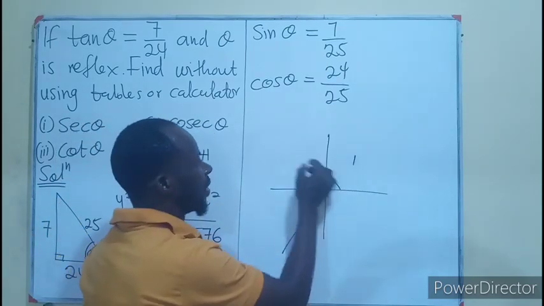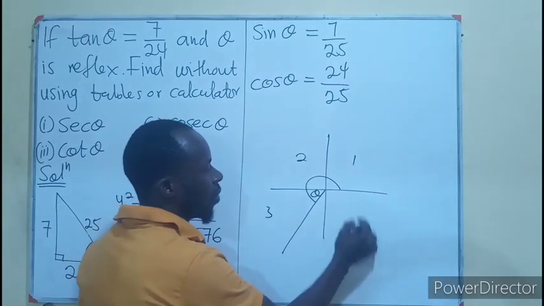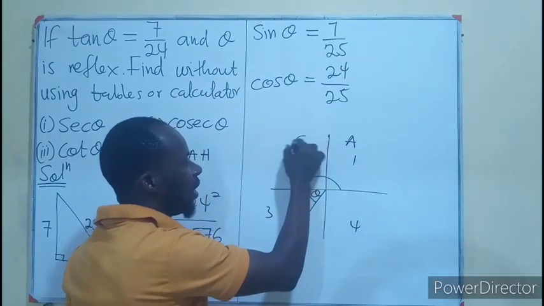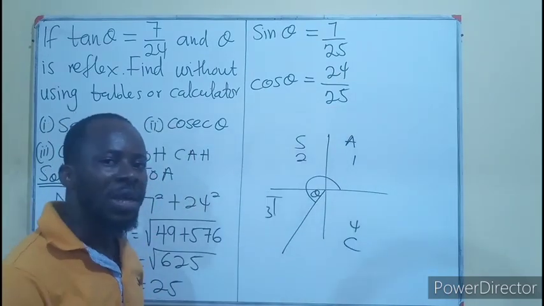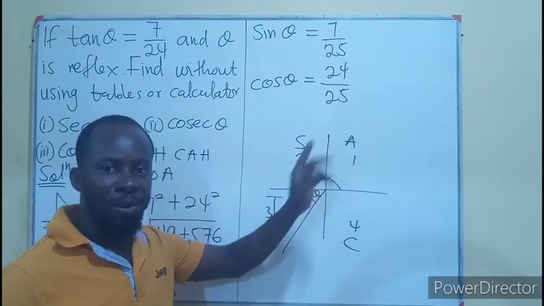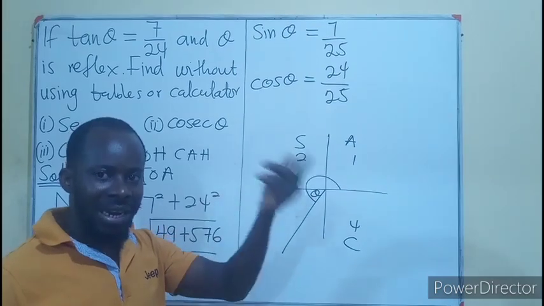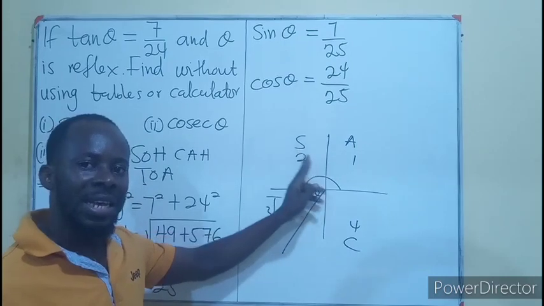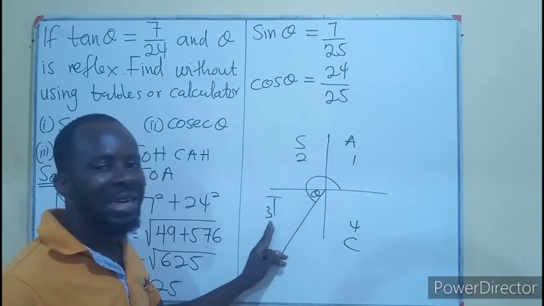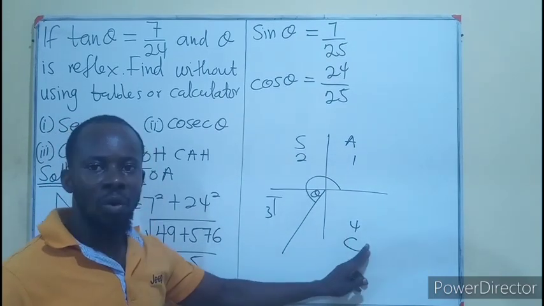First quadrant, second quadrant, third quadrant, fourth quadrant, all silly tan cast, or CAST, all this way. It simply means that all the trigonometric ratios are positive in the first quadrant, only sine is positive in the second, only tan is positive in the third, and only cos is positive in the fourth.